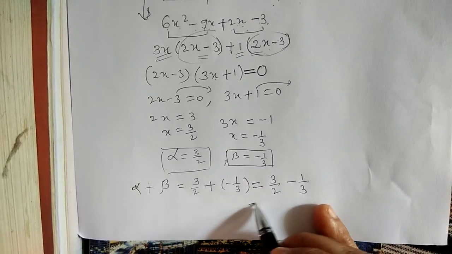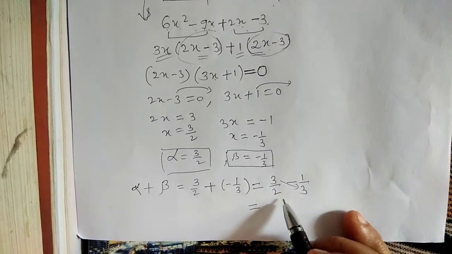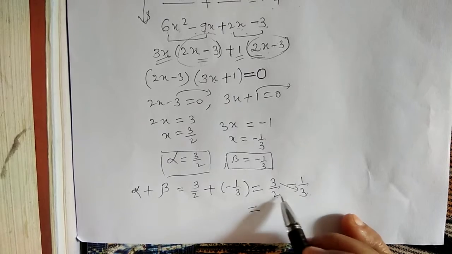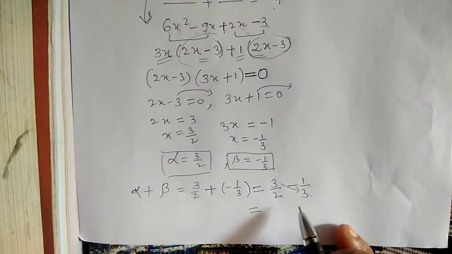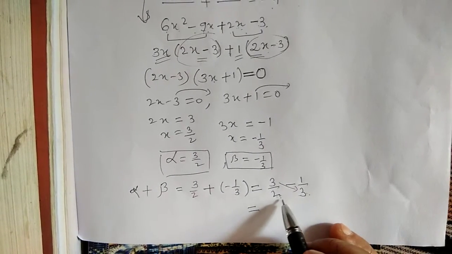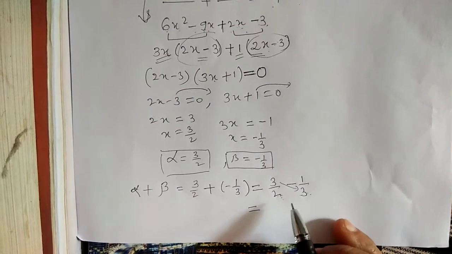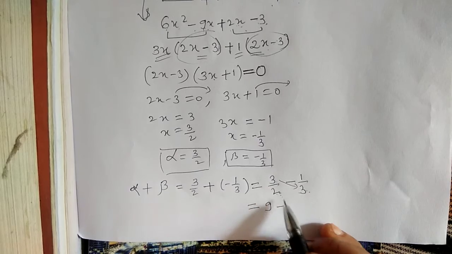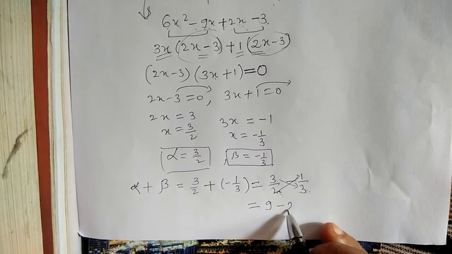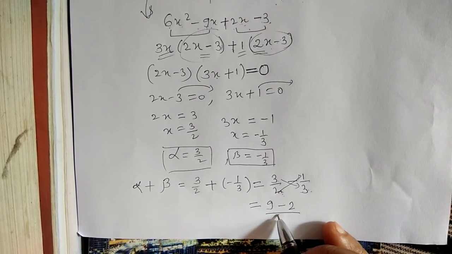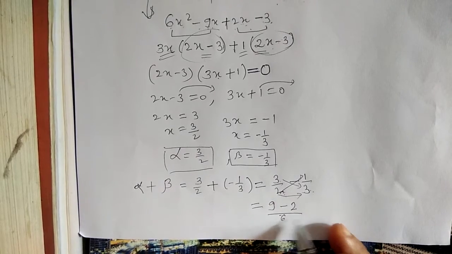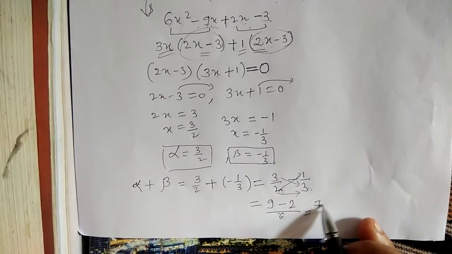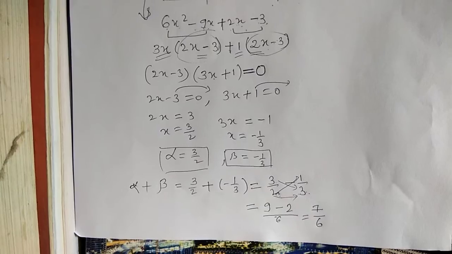The denominators are not equal, so we can't subtract directly. We have to cross multiply or find the LCM. You can do any method and solve this. 3 3s are 9 minus 2 1s are 2 upon 3 2s are 6. So I got here 7 by 6.